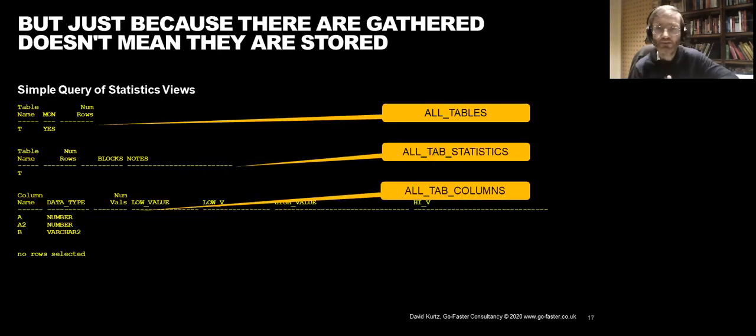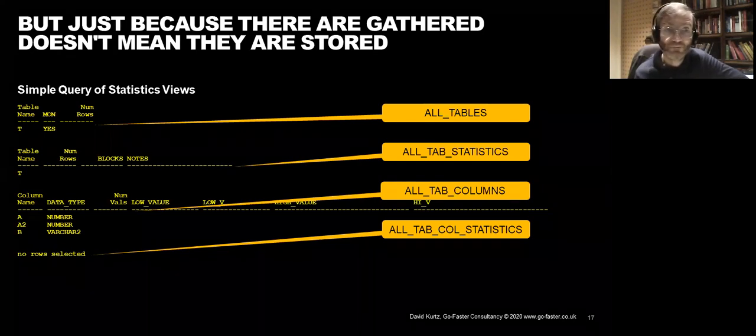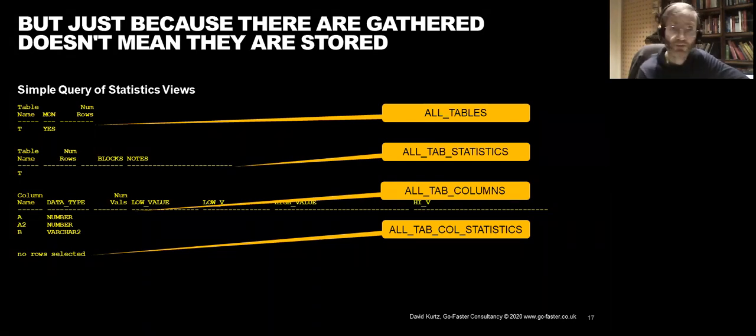And then after each of the tests, I'm going to query these 4 views, and you can see the stats on the various dynamic performance views. In this case, there are no stats, and therefore there are no real-time stats, because if you don't have proper stats, you don't get real-time stats, because they are an augmentation of normal statistics. So just because they're gathered doesn't mean they're stored.